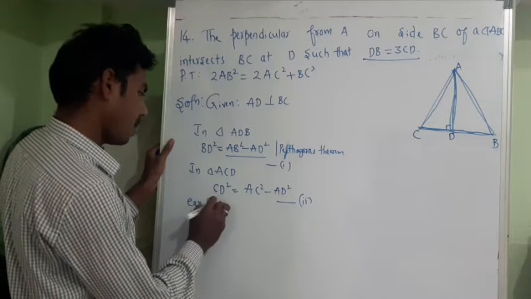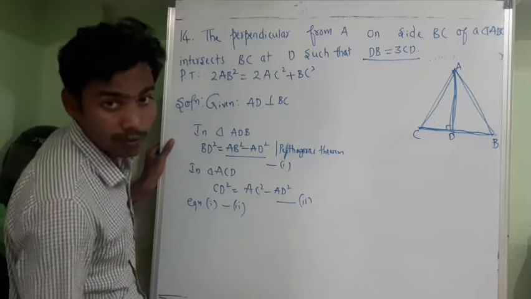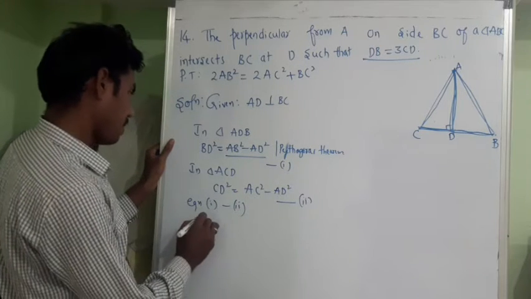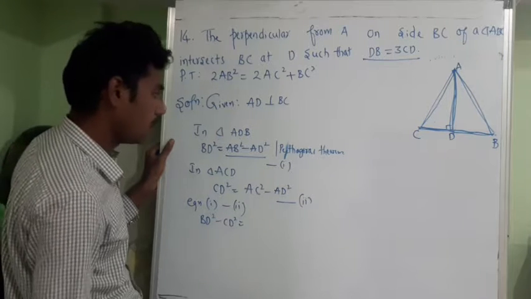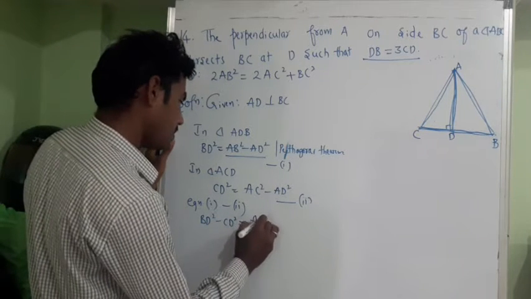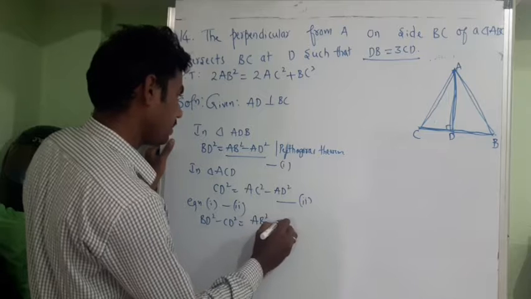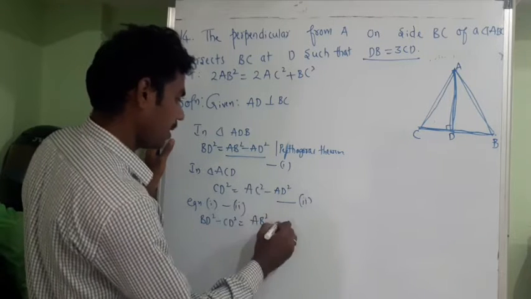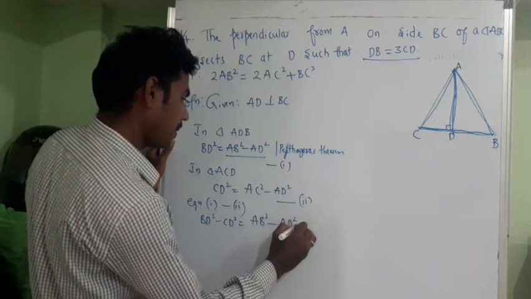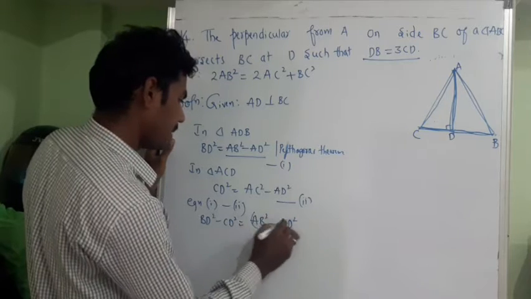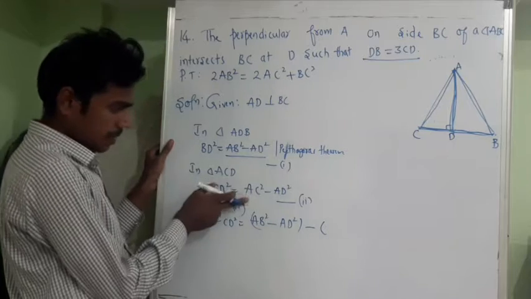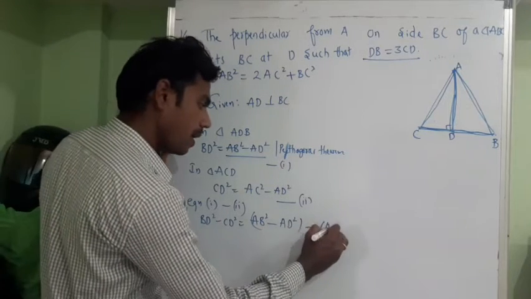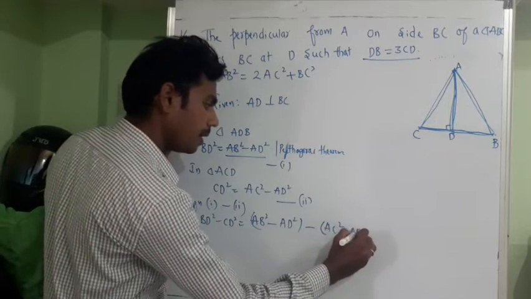Equation 1 minus equation 2 will give us BD square minus CD square is equal to AB square minus AD square, minus AC square minus AD square.